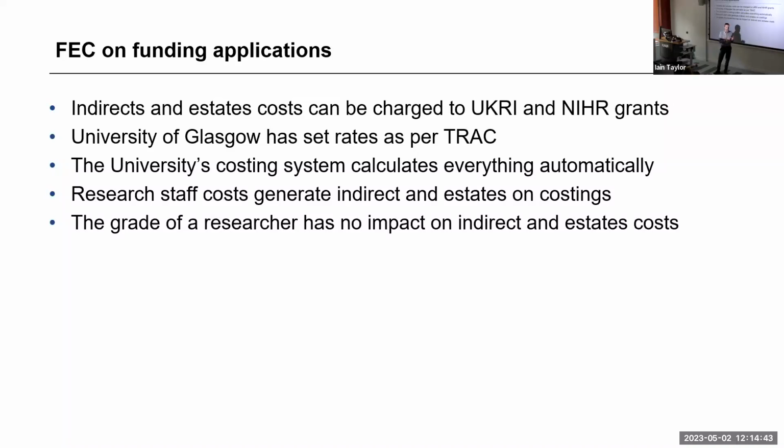Because we don't have any wet labs, our estates costs are a little bit lower than, say, the cardiovascular school. I can't remember the name of that school now. But in terms of the rates, we as researchers don't really have to worry about them because the university has a system that calculates them all automatically.